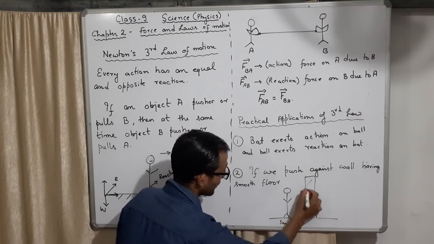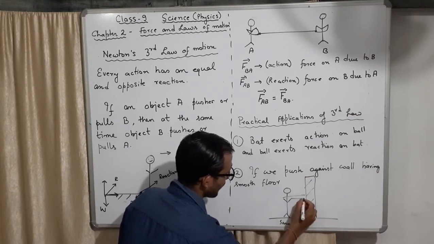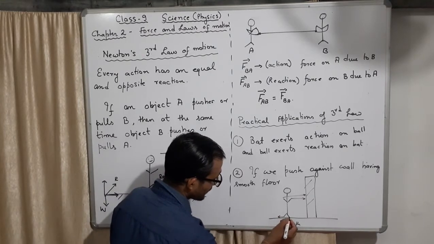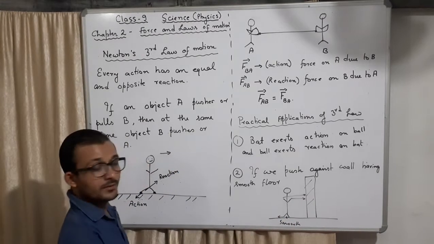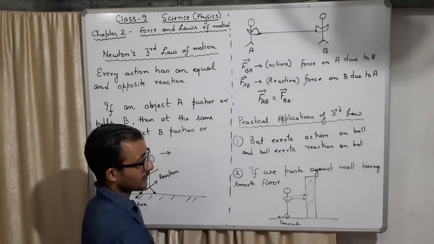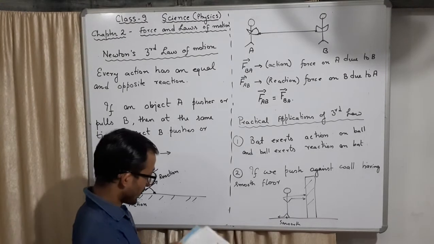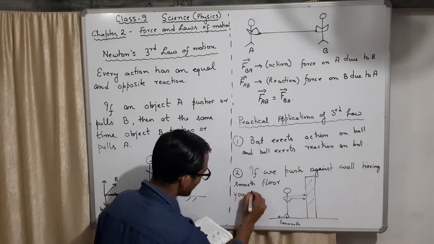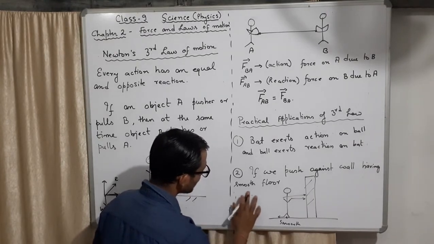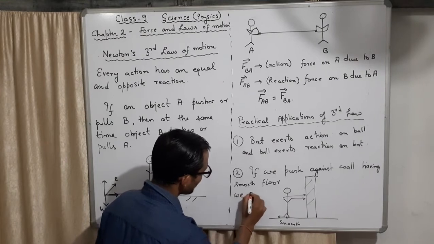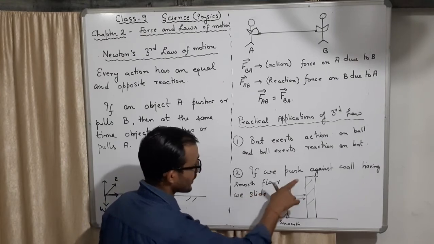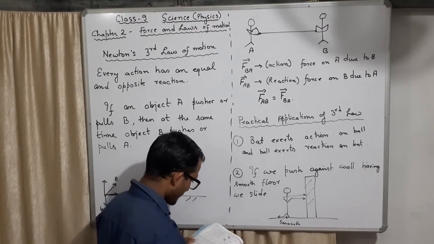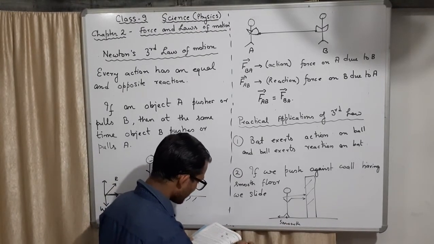If you push this wall, what will happen? Your feet will be dragged back this way. We slide in which direction? You push in that direction, we slide in this direction. We slide backward.